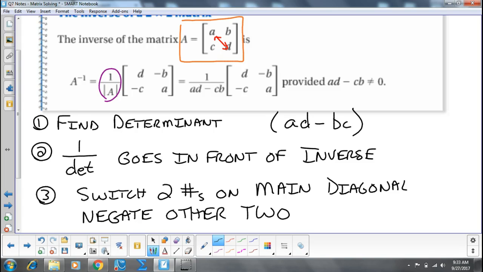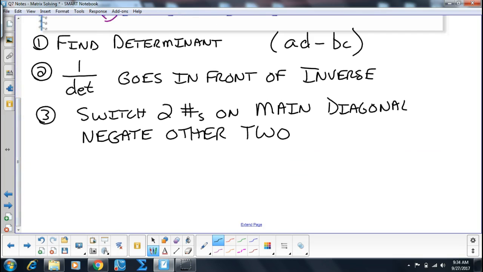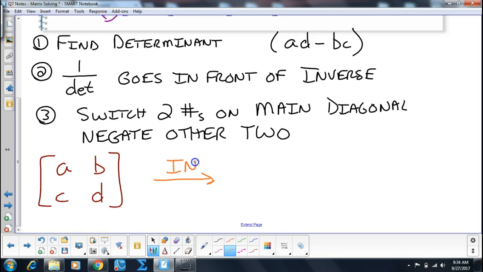Now, that's it. You just found the inverse. So, let's put that all together one more time for old time's sake. Or first time's sake, whichever one you prefer. So, my matrix is A, B, C, D. The inverse of that matrix is going to be, first I'm going to find the value of the determinant, right?